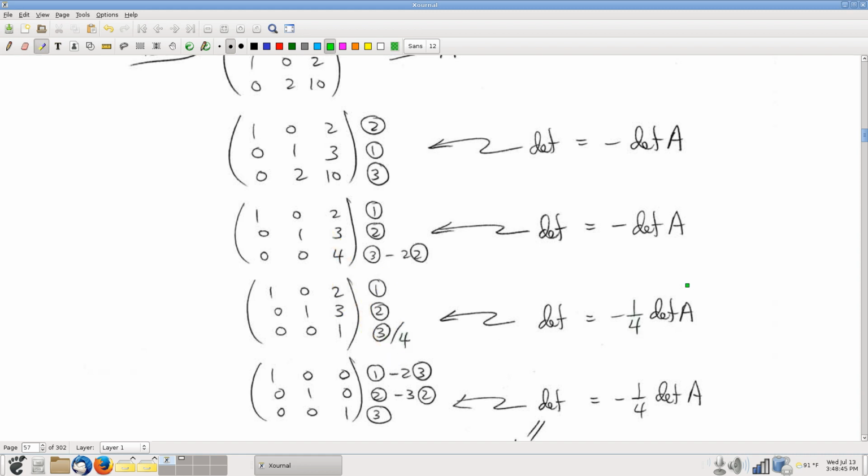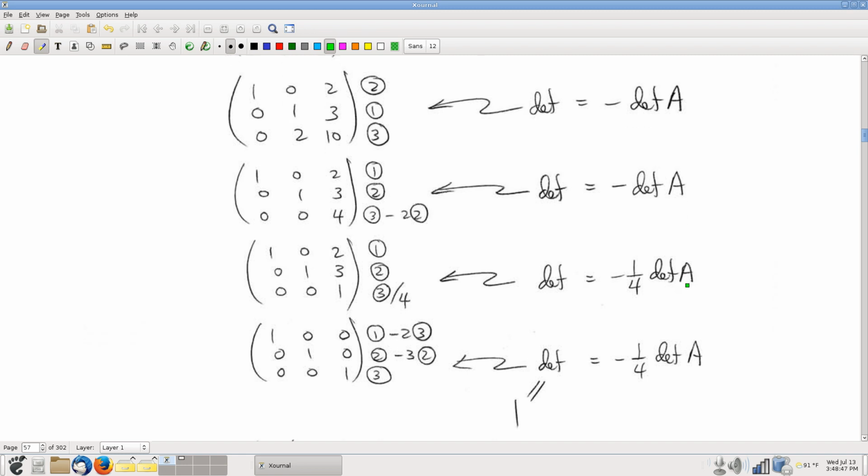Okay. Last step, actually two row operations in a row, but in both of these row operations, I'm adding a multiple of one row to another. It doesn't change the determinant at all. And so these two have the same determinant. That is, it's still negative 1/4 of the original determinant.